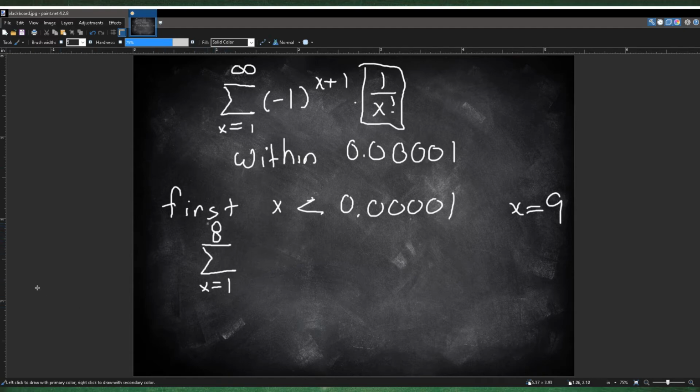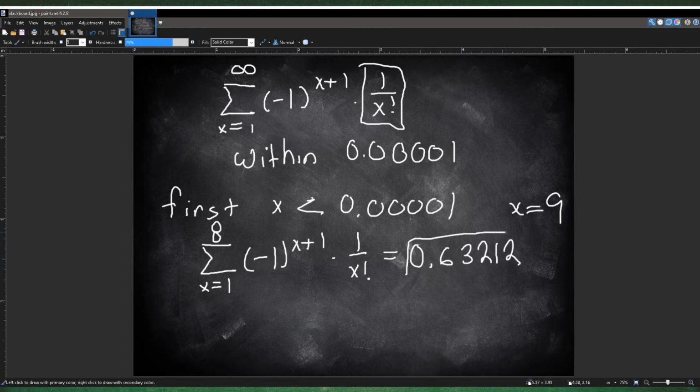We put an 8 on top because we're not going to infinity now, we're going to 8. And then we put the general formula again, negative 1 to the x plus 1 times 1 over x factorial. You plug this into your calculator and you get something around 0.63212. And that's generally your answer. That's all you had to do, basically.